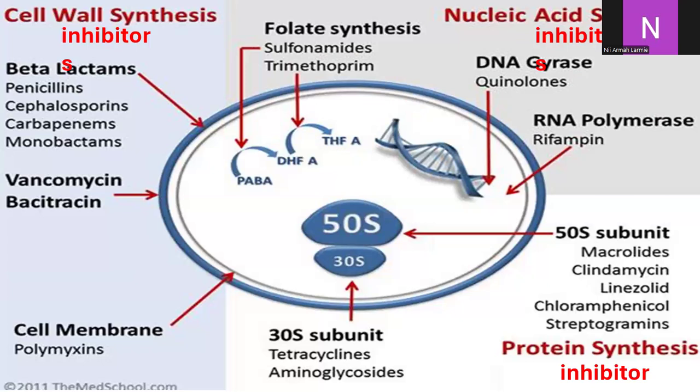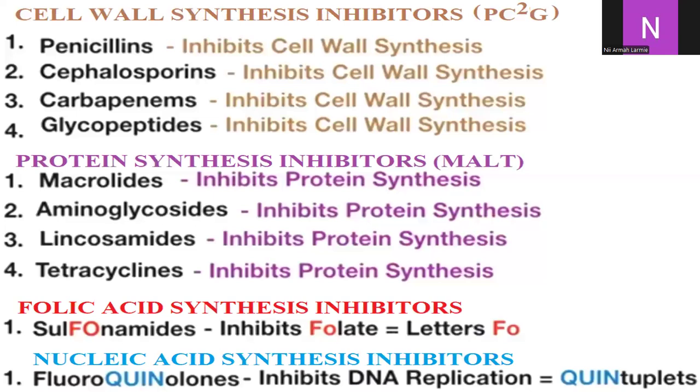And if we put that into the chemical structure, then we can see that for cell wall synthesis inhibitors, we have the beta-lactam antibiotics such as penicillins, cephalosporins, carbapenems, monobactams, and glycopeptides.